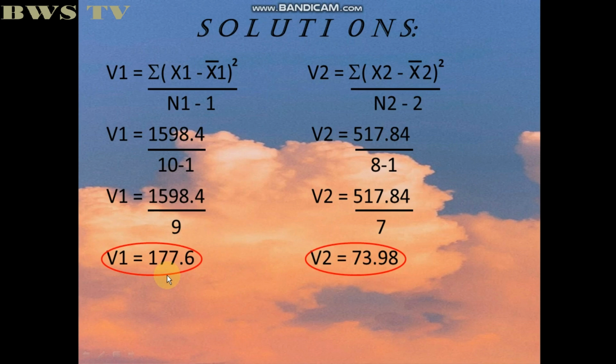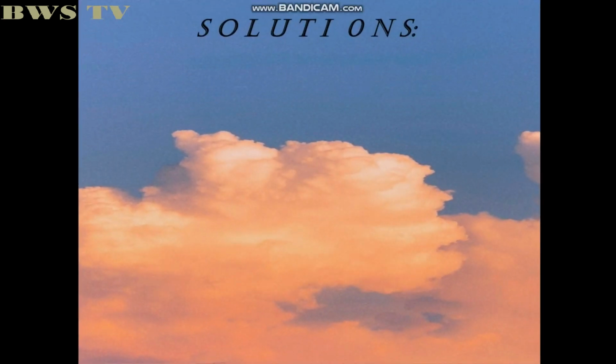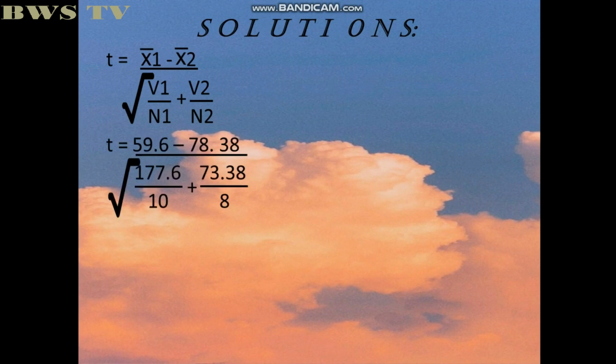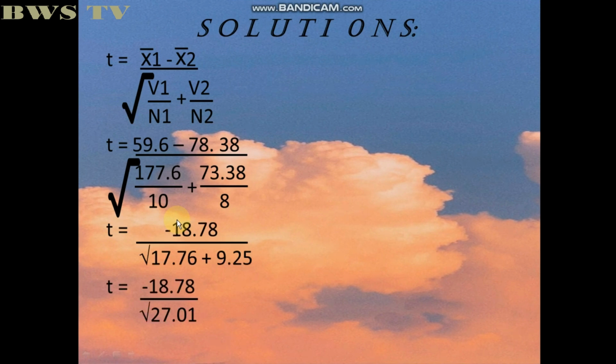These are the solutions again, this is for t. These are the means that we got a while ago, and everything will be substituted, so you'll get your final answer.